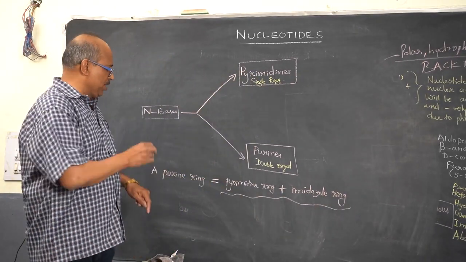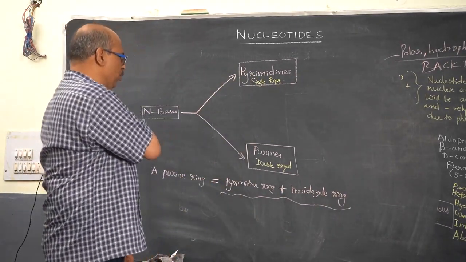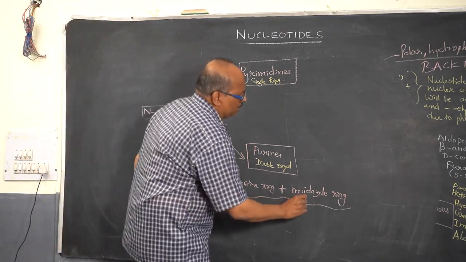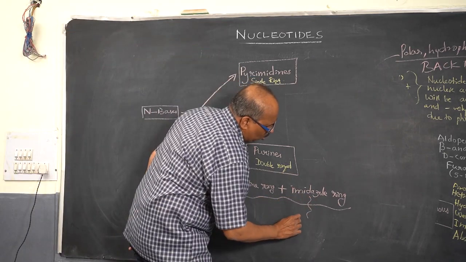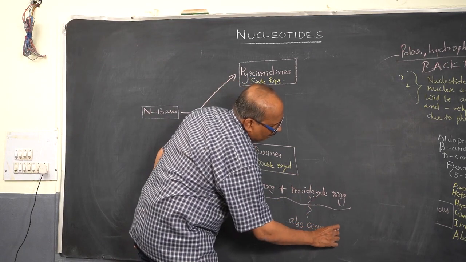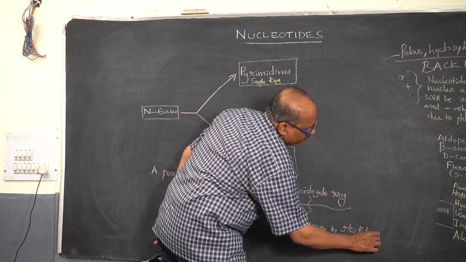This combination of pyrimidine ring and imidazole ring is what we call a purine ring. Imidazole ring also occurs in histidine, the amino acid.